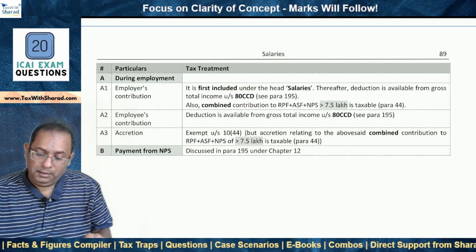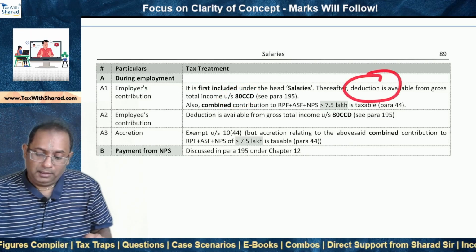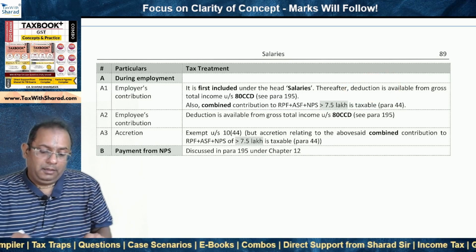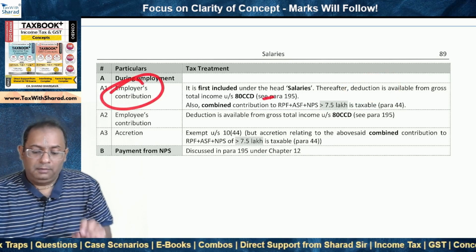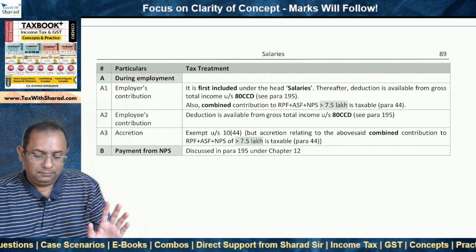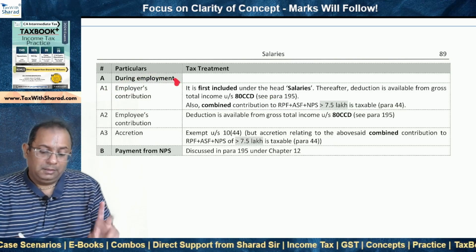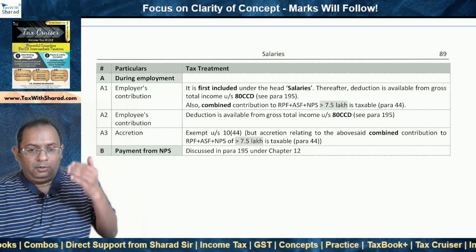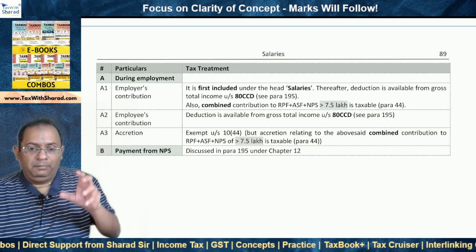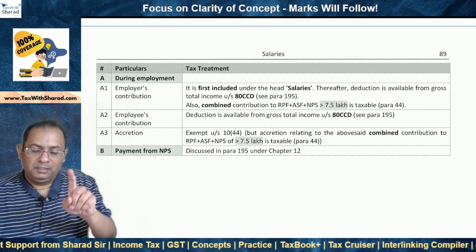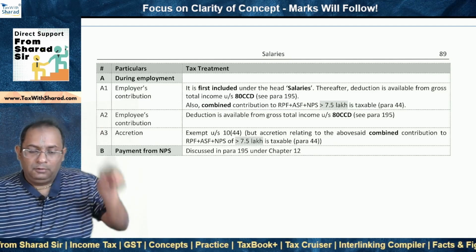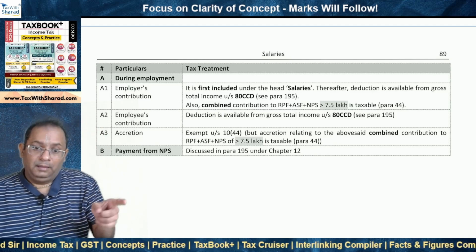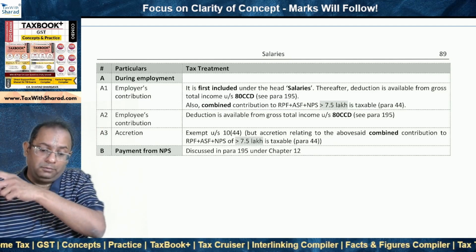Under section 80CCD, we can provide the deduction from the gross total income in terms of employees' contribution as computed under that section. So this is number one. Many a times I have seen students don't add employees' contribution to NPS under the head salaries. This is the mistake that they make. So you must add the full contribution under the head salaries, and then you should provide 80CCD deduction from the gross total income.